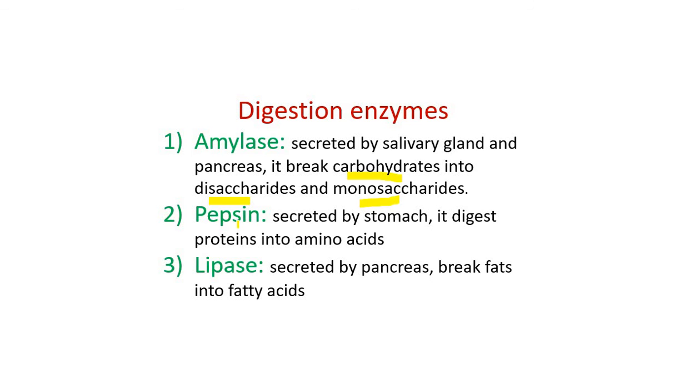As for pepsin, it is secreted from the stomach, and like we said, what is digested inside the stomach? It's proteins. When proteins are digested, they are broken down into amino acids. Lipase is an enzyme secreted by the pancreas, the accessory organ. When fats are broken down by lipase, they are broken down into fatty acids.